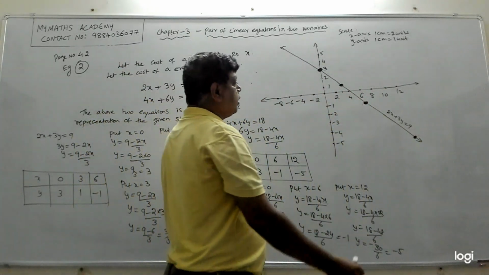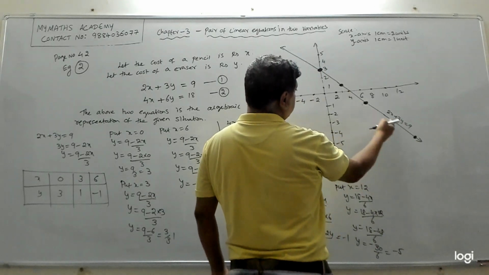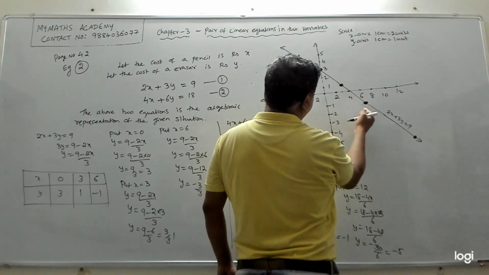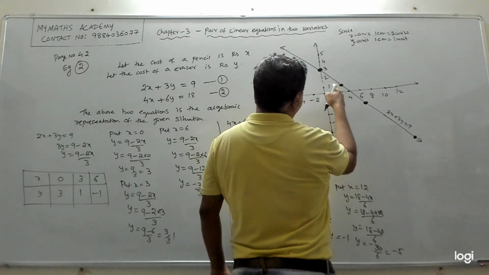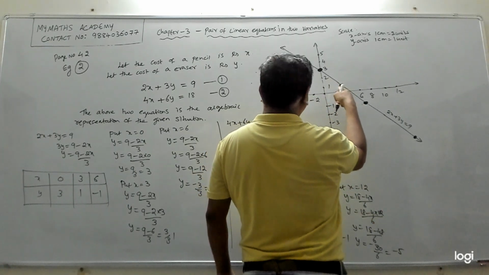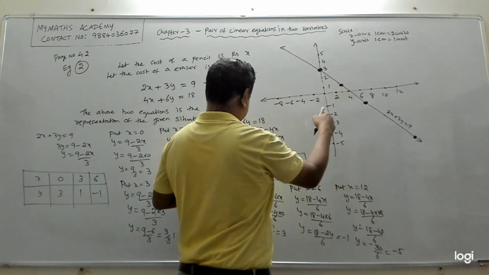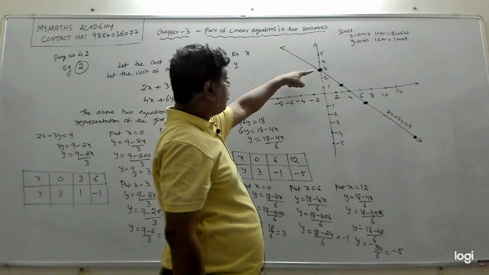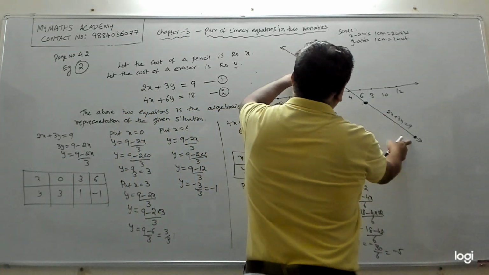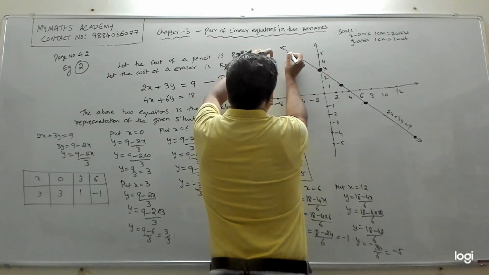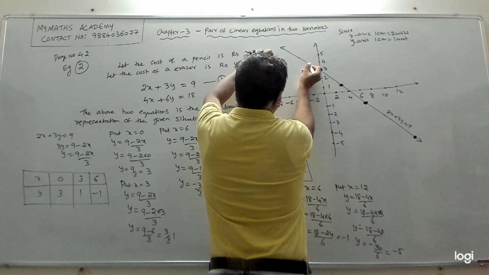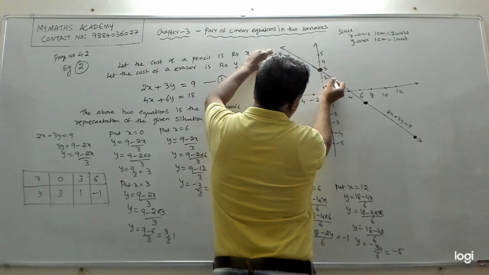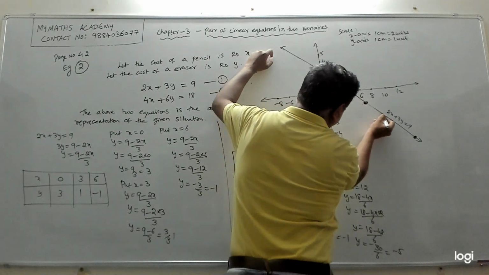Now if you draw a line, already there is a line. And if I try to draw the line for this point and this point, which is 3 comma 0, this point, again you will get one more line on the same line.